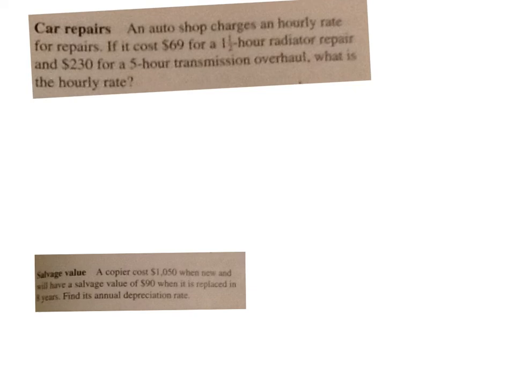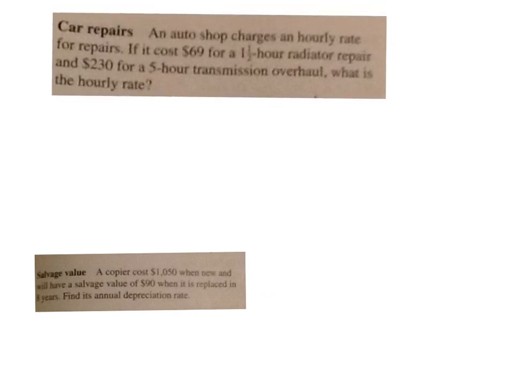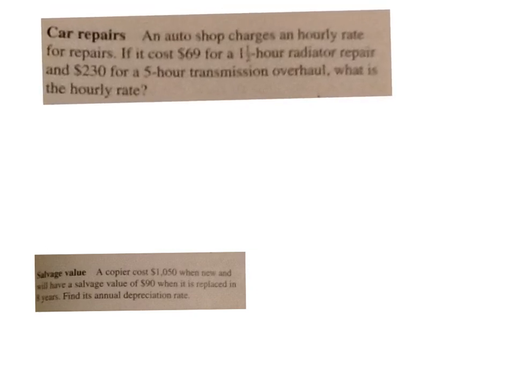So you've got an auto repair shop that has an hourly rate for repairs, and it costs $69 for a 1.5 hour radiator repair, and then it costs $230 for a 5-hour transmission overhaul. What is the hourly rate?